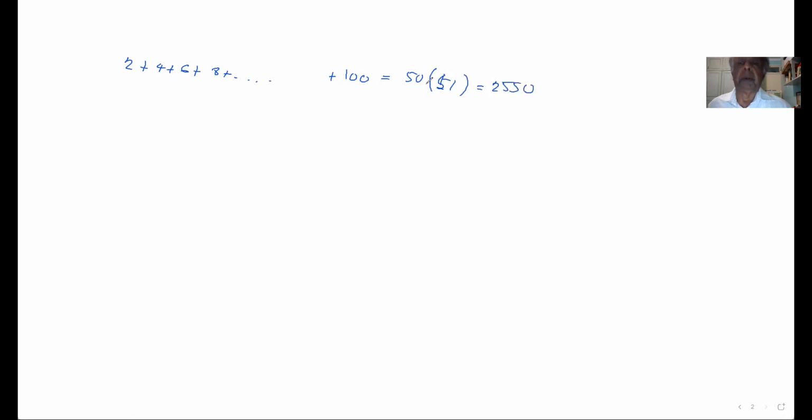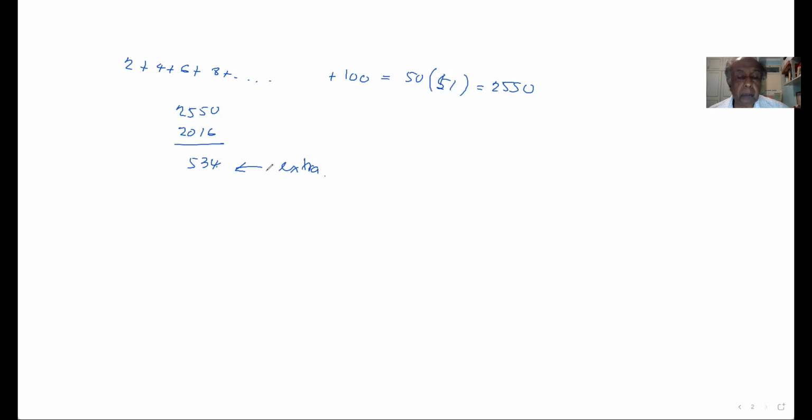Okay, you can use any formula you like, but you'll notice I did it very quickly because I used the first plus last thing. Now the sum is too much. You've got 2550. You wanted only 2016. So let's see how much extra there is here. So we got, this is the extra.